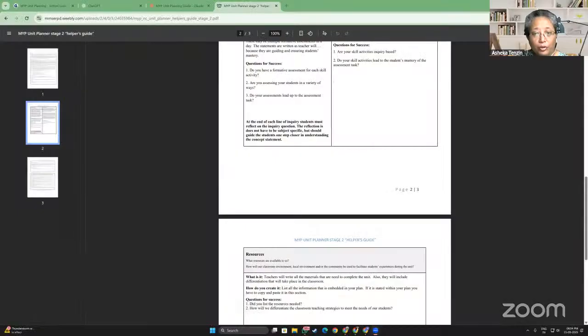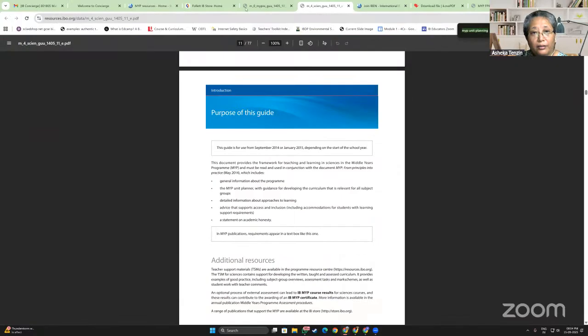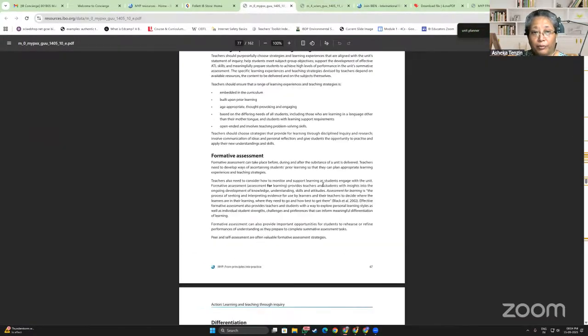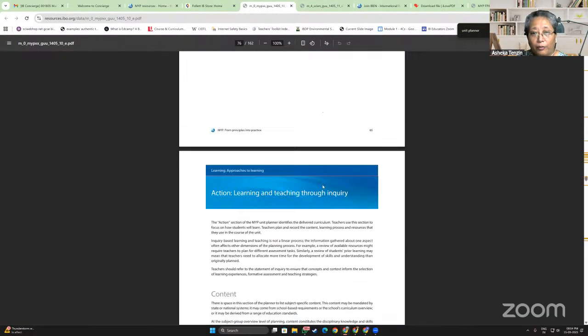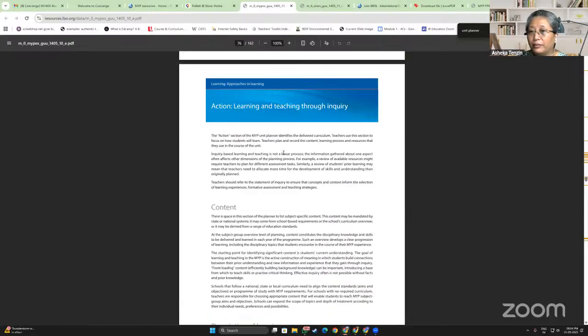Okay. So if you look at your subject guide, not subject guide, sorry, in MYP From Principles into Practice, if you look at page number 66, you have this information. Action, learning and teaching through inquiry.